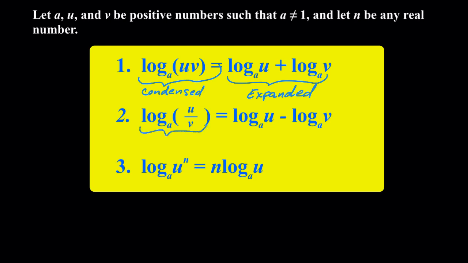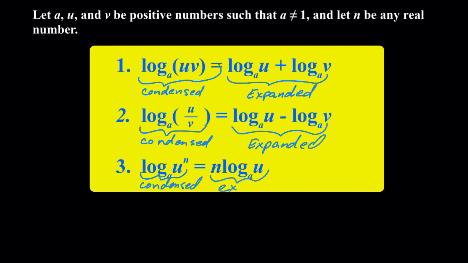Same thing here. This is a condensed form of the problem, and this is an expanded form. And likewise, the same thing down here. This one is a condensed form of your log. This is an expanded form of your log.